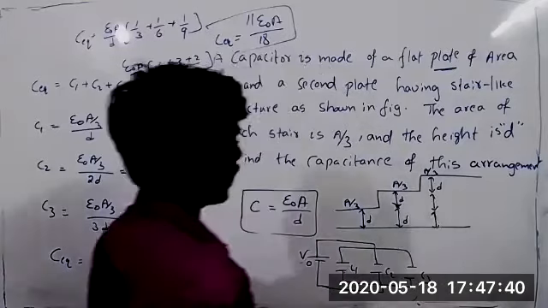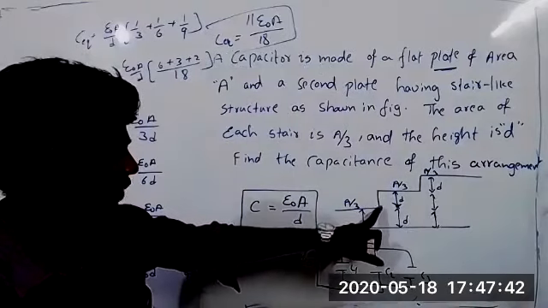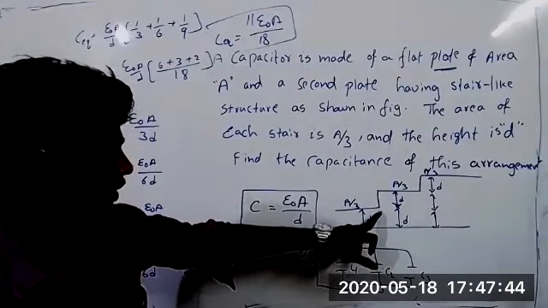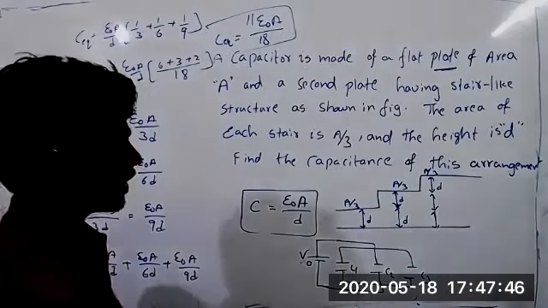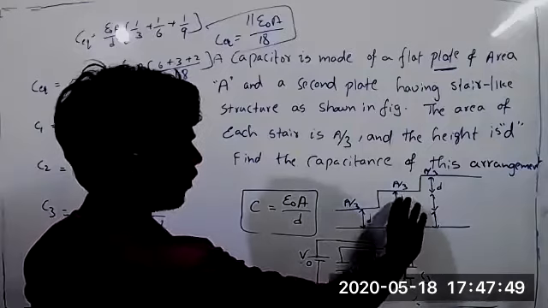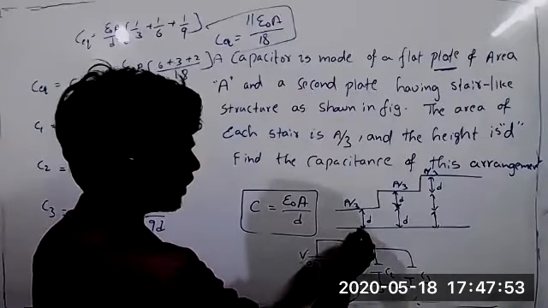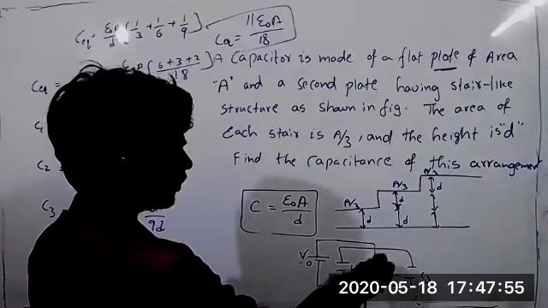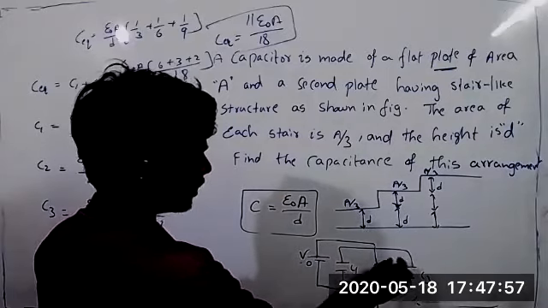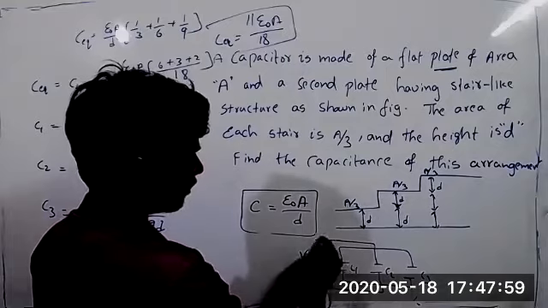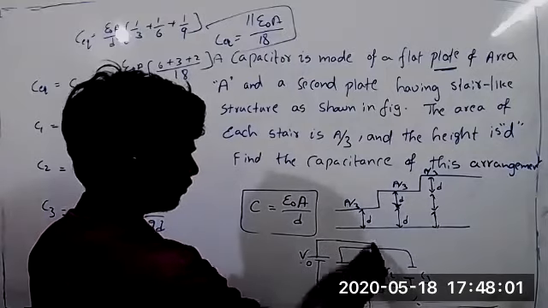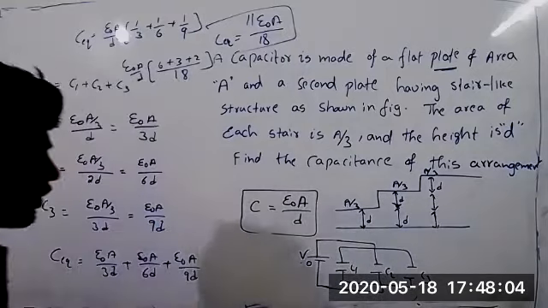They have given the parallel. We can't make it a series because it is in the form of plates, right? If you want to apply potential, where will you apply potential? So definitely we have to make a series capacitor. The current will be the same throughout, right?